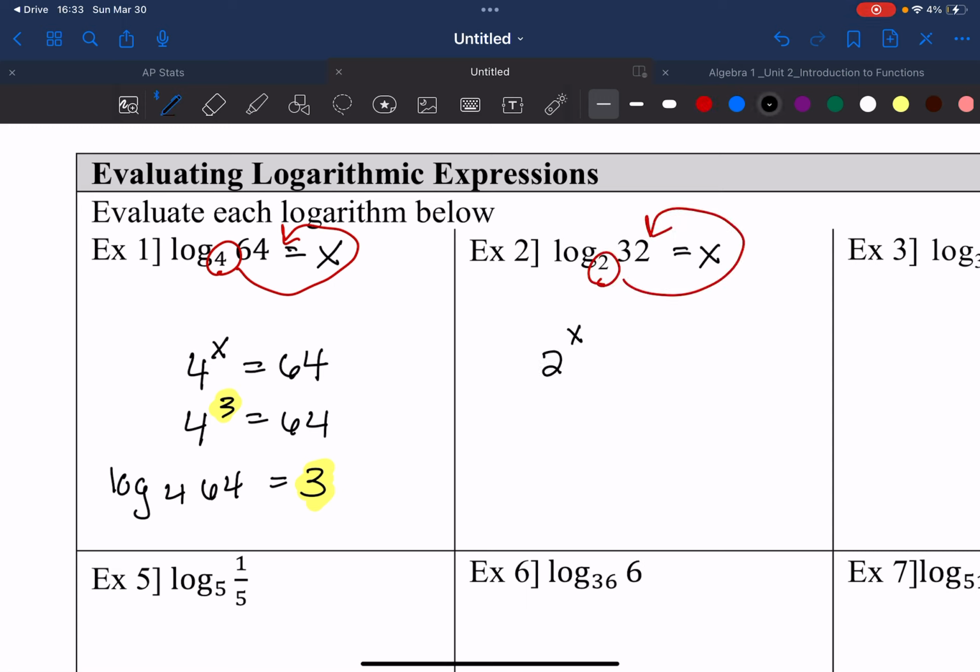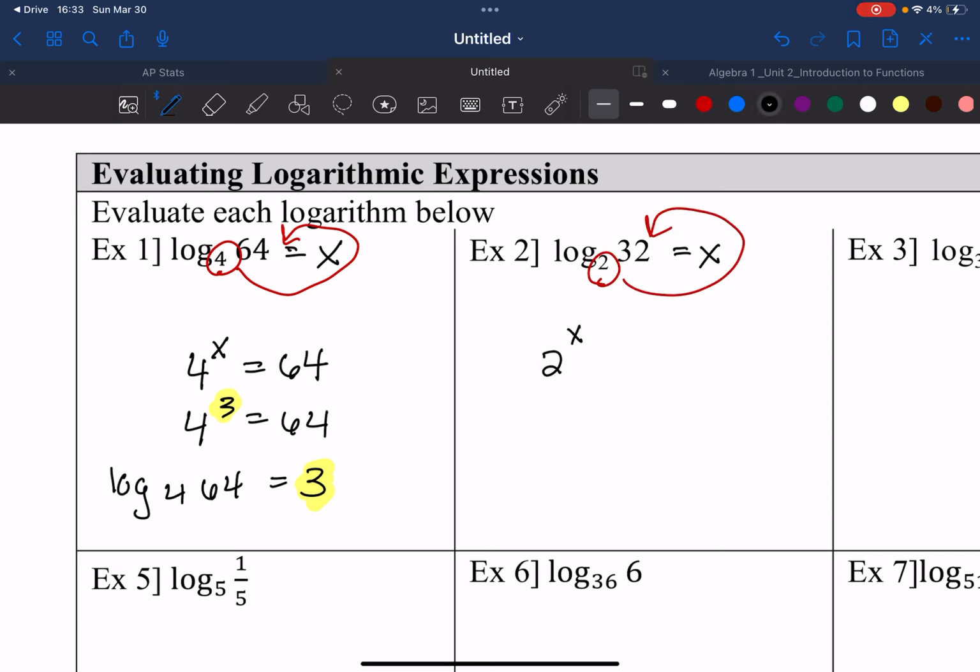So this is 36 to the x power is equal to 6. 512 to the x power is equal to 8. And then 1/125 to the x power is equal to 5. So we have to find what that exponent is.